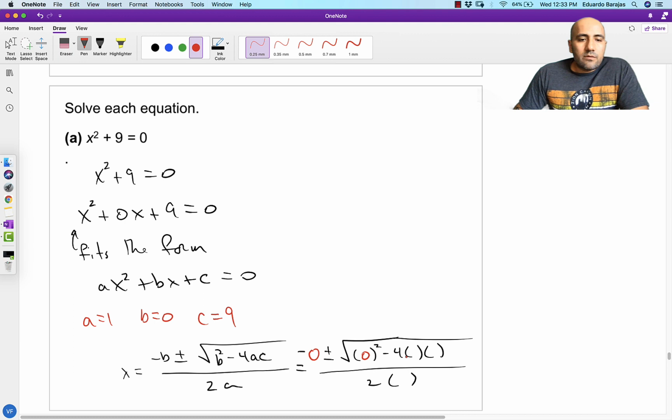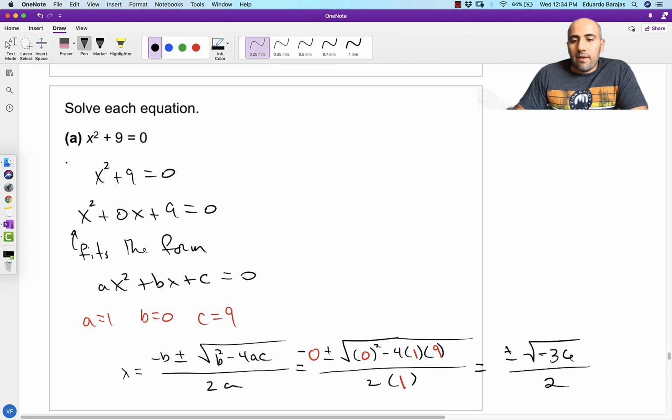So b was a 0, a is a 1, c is a 9, and then 2 times 1. Then you can simplify this whole process, and negative 0 is just 0, so we end up with plus or minus the square root of 0 squared is 0, minus 36, and the whole thing gets divided by 2.